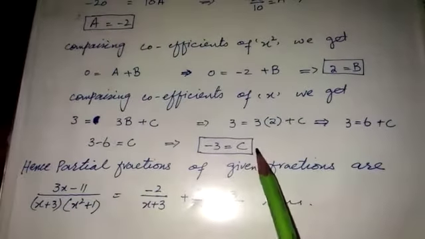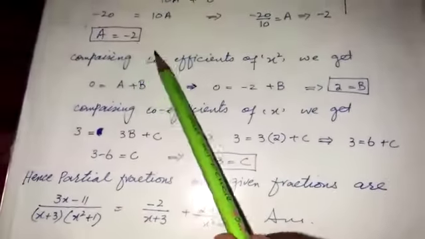Now the value of C is −3, B is 2 and A is −2.